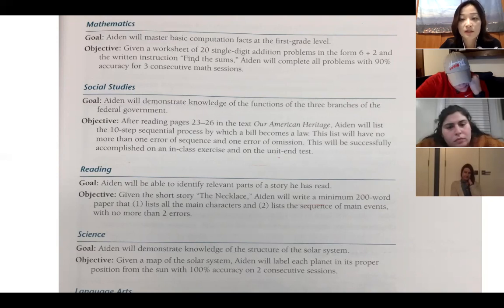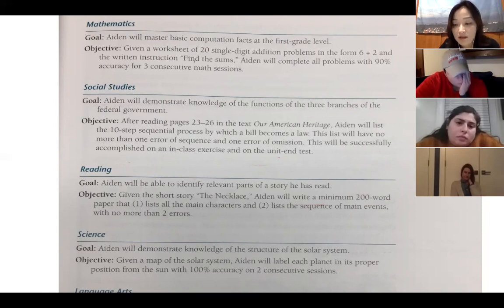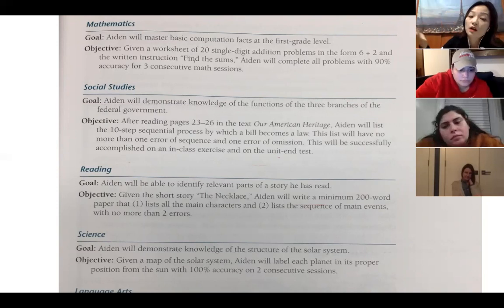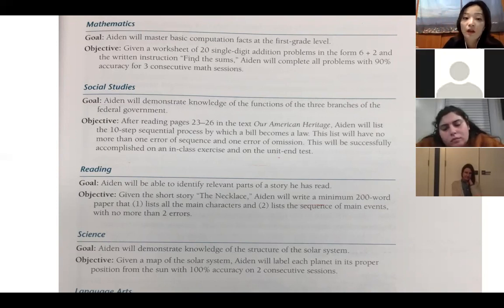Aiden will complete all problems with 90% accuracy for 3 consecutive math sessions. You can tell it's very specific, right? Usually each goal includes 2 to 3 objectives, and that's okay.